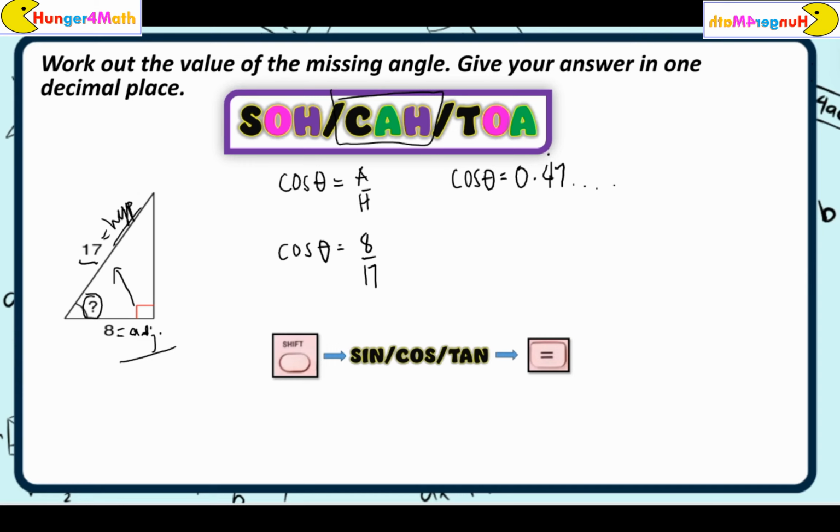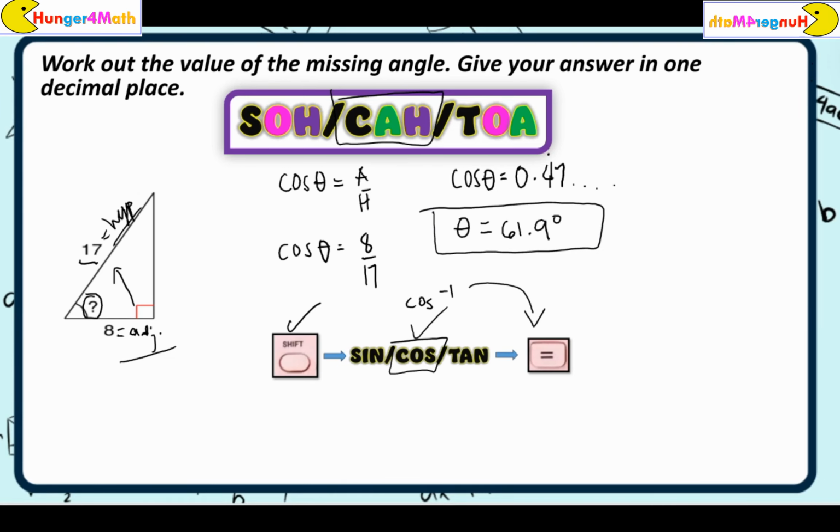Afterwards, let's press shift and then we use the cosine. So shift cosine, it will turn into cosine to the power of -1. Afterwards, press equal. So shift cosine equal, in 1 decimal place, theta is equal to 61.9 degrees. So that is the value of our angle.